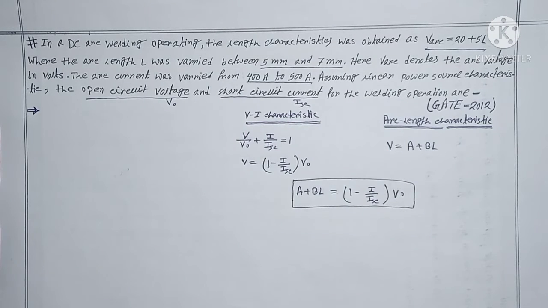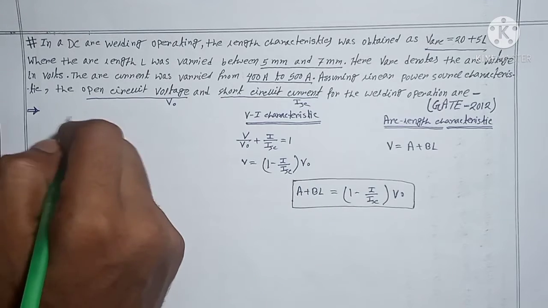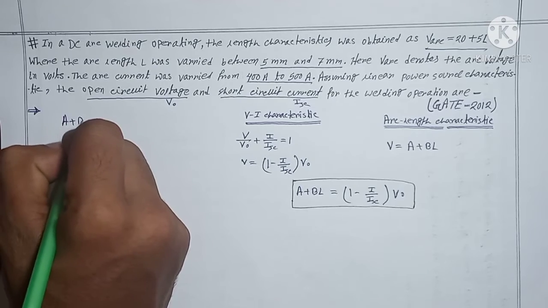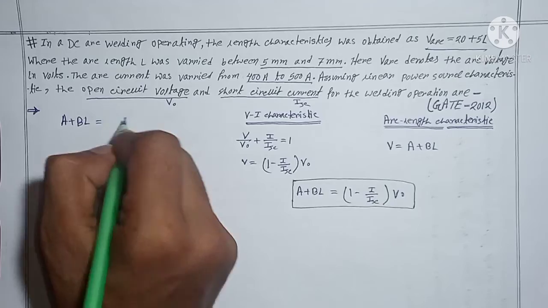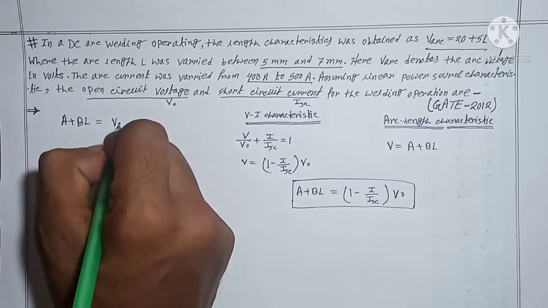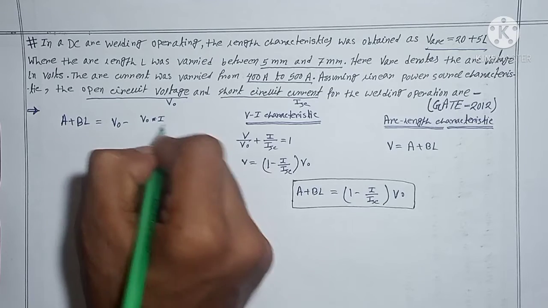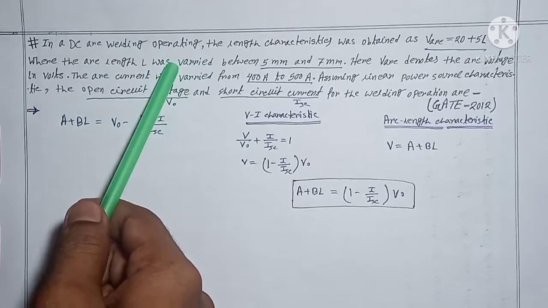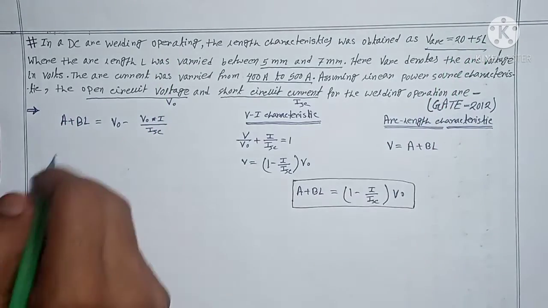Is it clear? So what I told is that the first step is to equate the voltage in the two cases. So A plus BL is equal to V naught minus V naught into I by Isc. Now in this question the A plus BL value is given, 20 plus 5L.